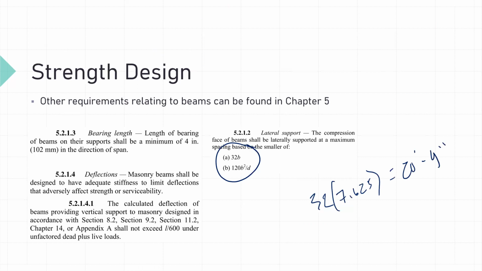For a 12-inch block wall, 11.625, we'd be looking at 31 feet. And so it doesn't apply all the time, but if we do have a really wide opening, we do want to check this and make sure we are supporting the compression face of our beam at the smaller of these spacings. So that's in there.